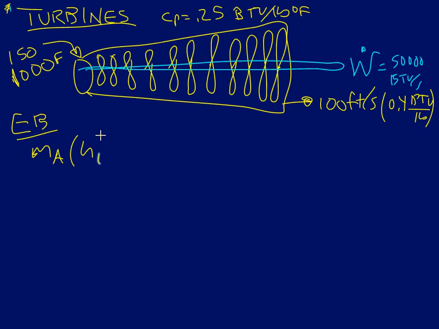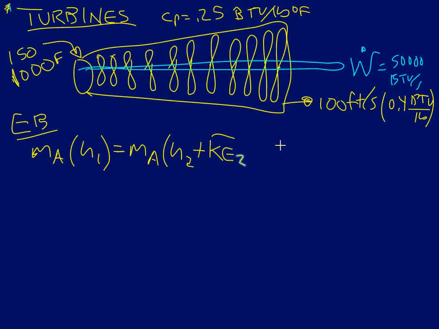There's no kinetic energy coming in, or we're neglecting it, very small velocity coming in. M dot H1 equals M dot of the air, and we look at the energy out, H2 plus kinetic energy per mass, call it KE bar at 2.